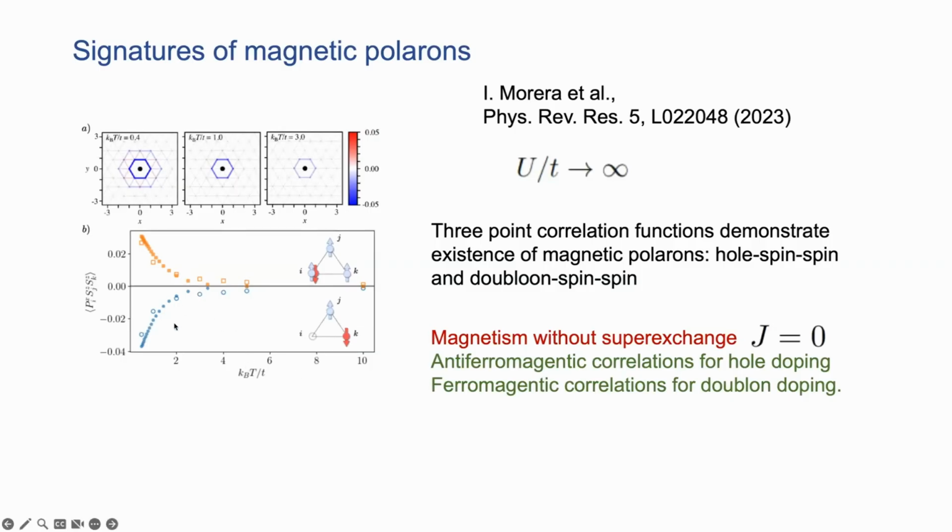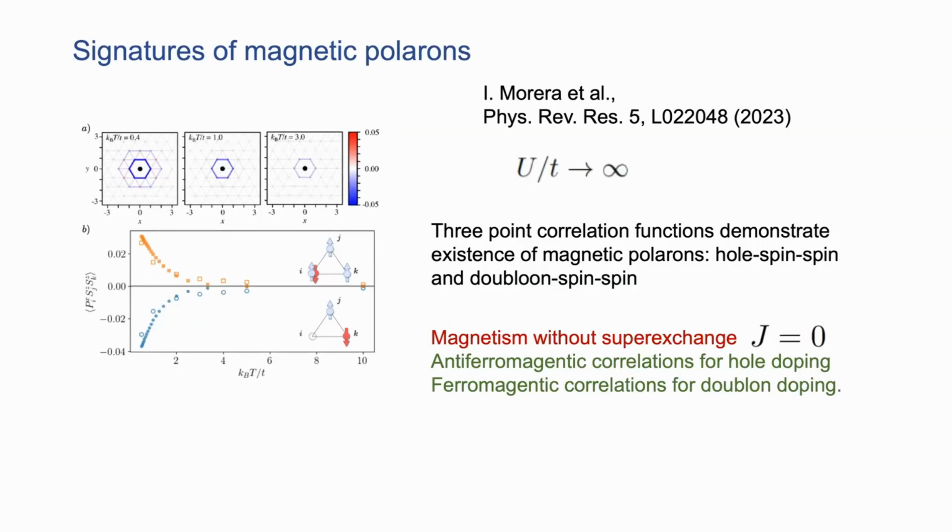And indeed, you can see that these correlations, and these are now 3-point correlations, right? Because it's a correlation function of two spins next to a hole. And you can see that the anti-ferromagnetic correlations develop at really high temperature, something which scales like a few times t.